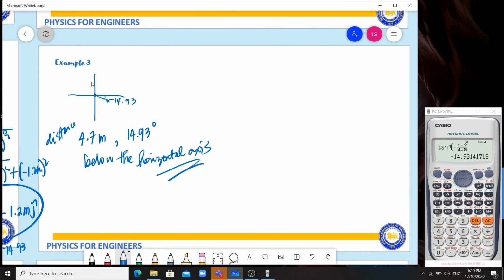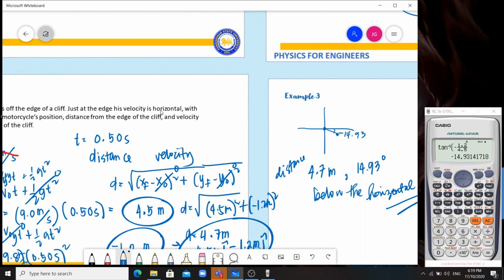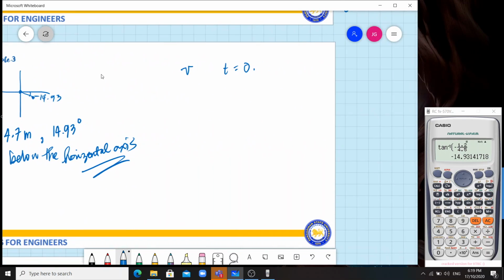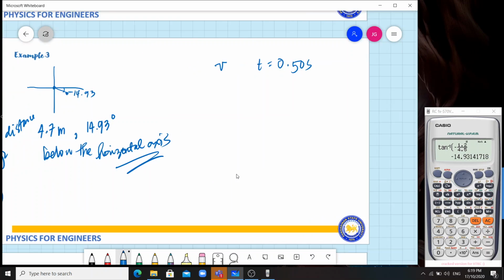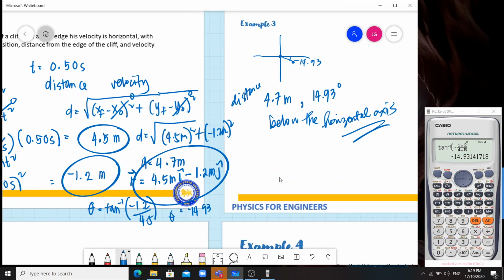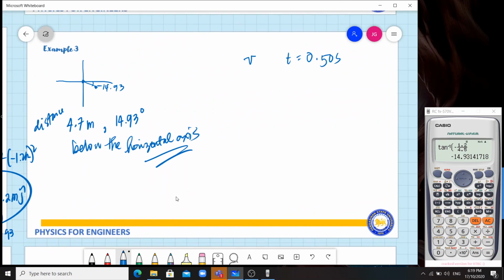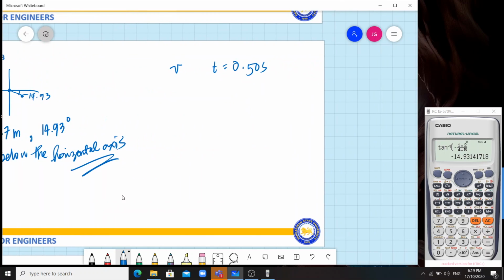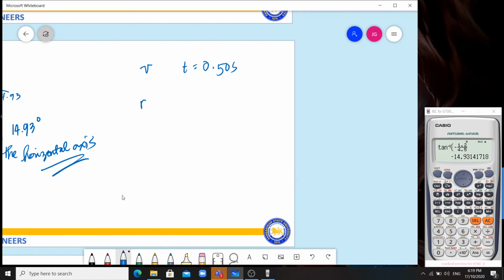Ang meron tayo as of now is itong position 4.5 i minus 1.2 j.